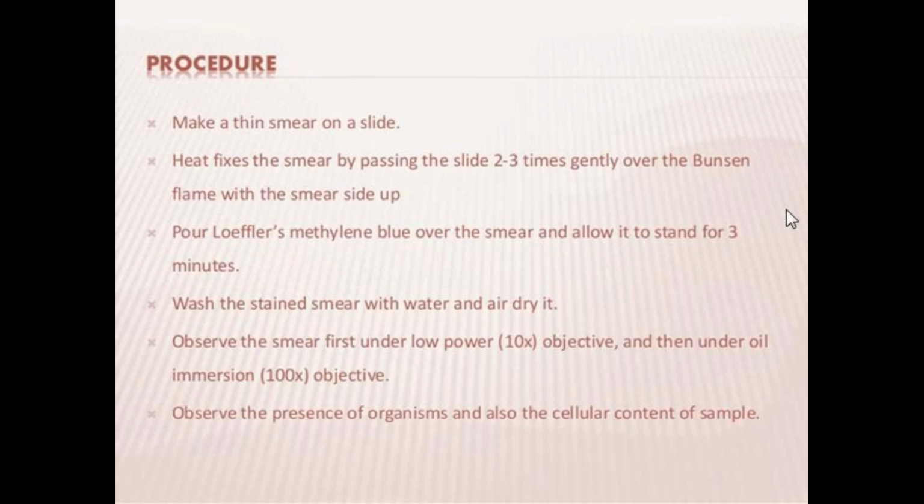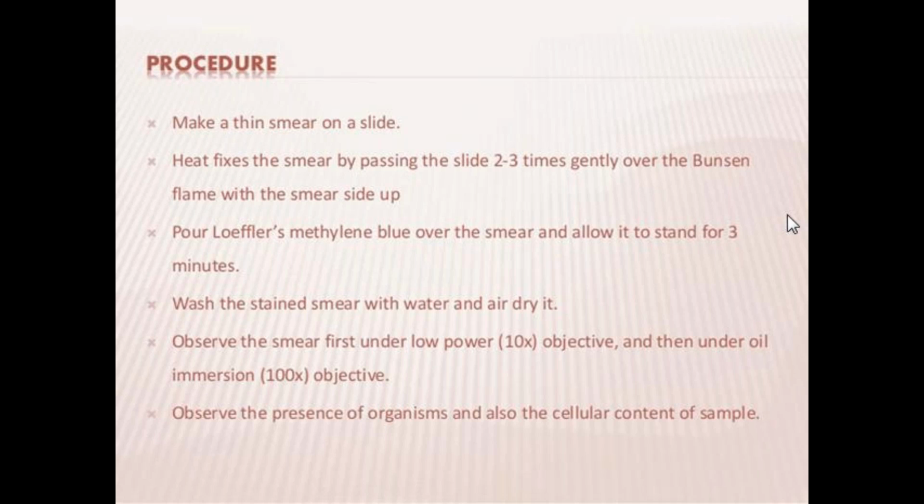Oil is mainly used. Okay, what is the procedure involved in simple staining? First, the smear is prepared on the slide, and then heat fixing of the smear is done by passing the slide 2 to 3 times over a Bunsen burner flame.